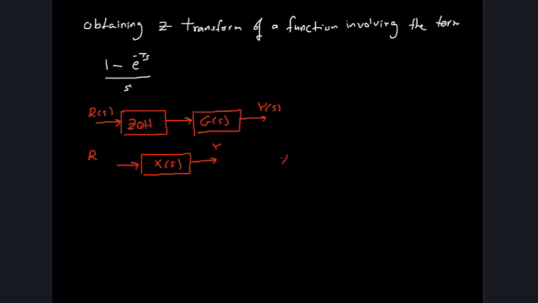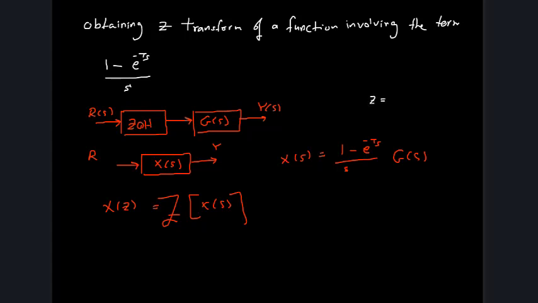Now, X of s here will equal the transfer function for the zero order hold, which is 1 minus exponential minus Ts over s, multiplied by G of s. Now we need to find X of z, which will be the z transform of X of s. Now we know that there is a relation between the s plane and the z plane, and they are related by z equals exponential of Ts.